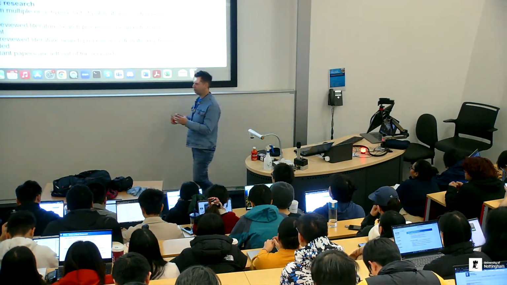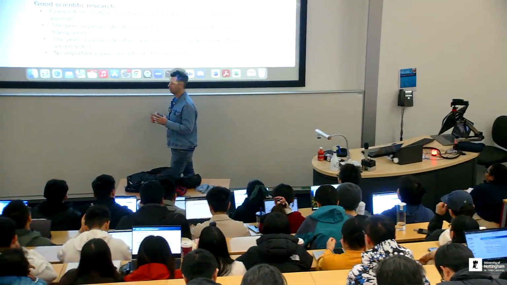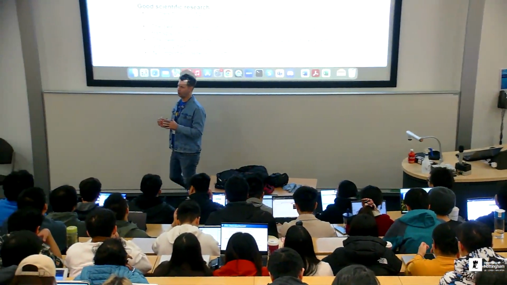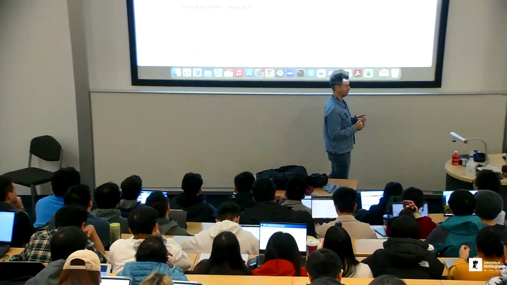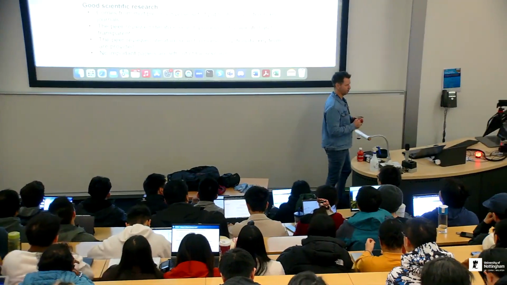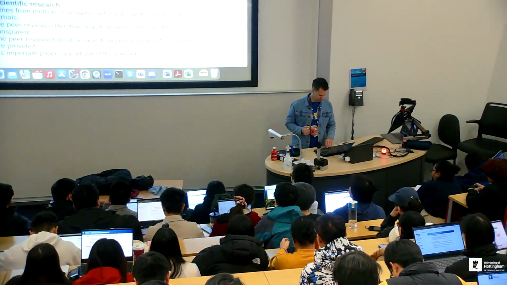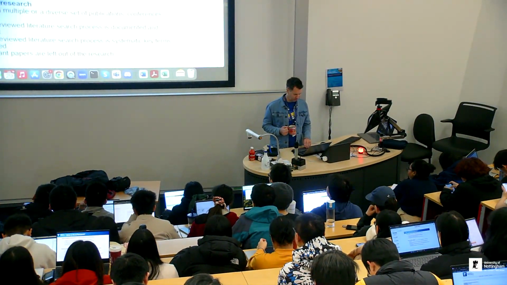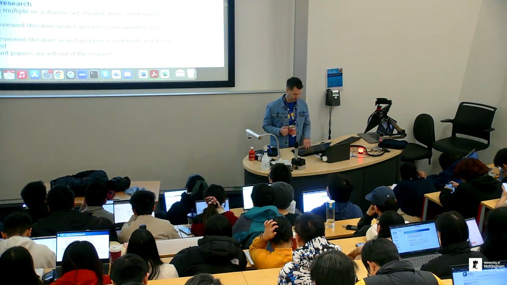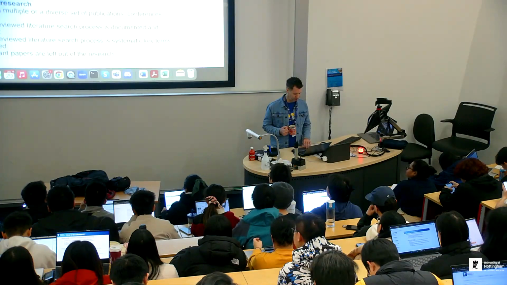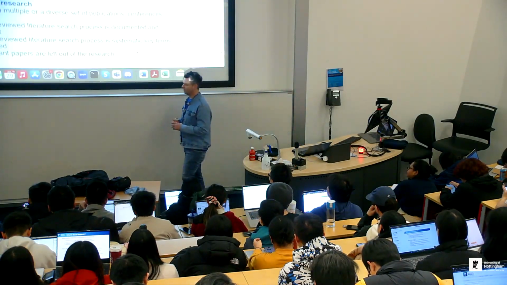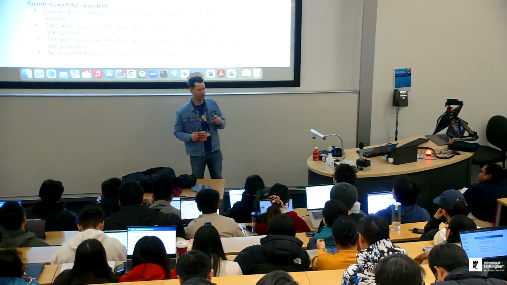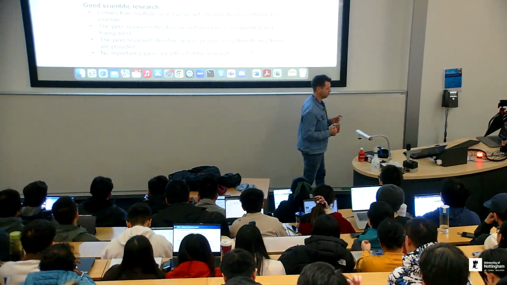So how did you collect your evidence? What search process did you go through to collect your evidence? Right? This is documented and systematic. The peer-reviewed literature search process is systematic. Key terms are provided, and no important papers are left out of the research. So that is how we characterize good scientific research.